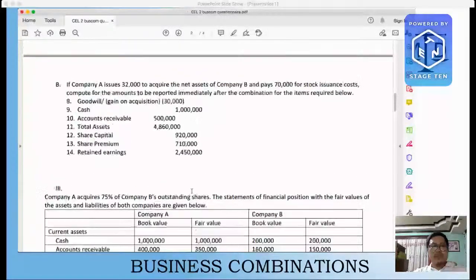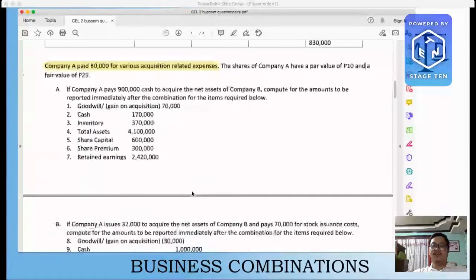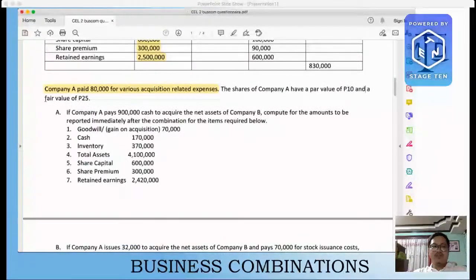So here, the consideration is 32,000 shares, and the problem tells you that the fair value of the shares is 25 pesos per share.